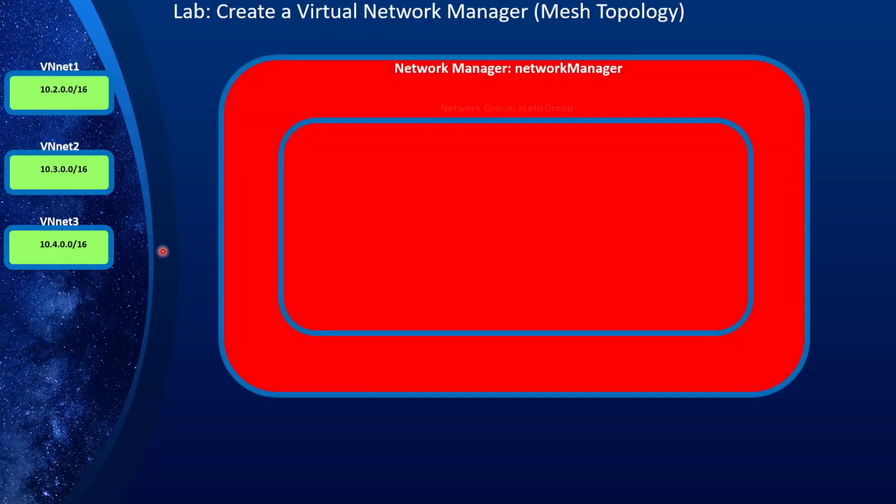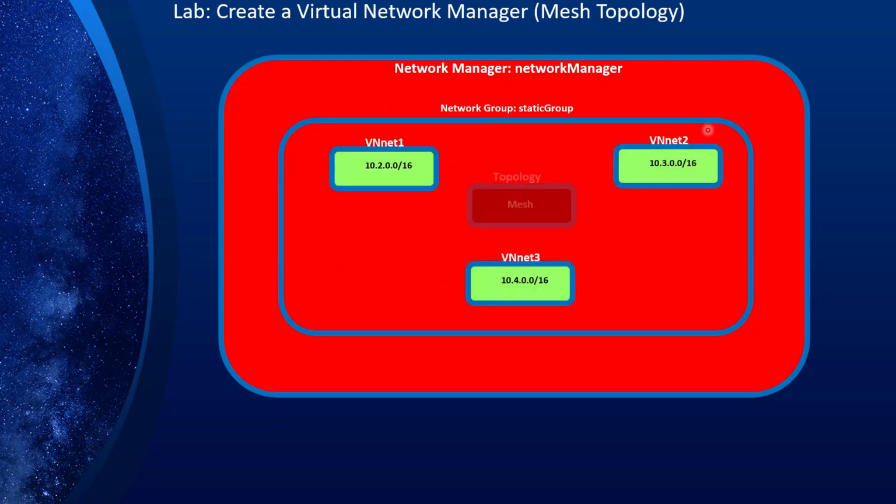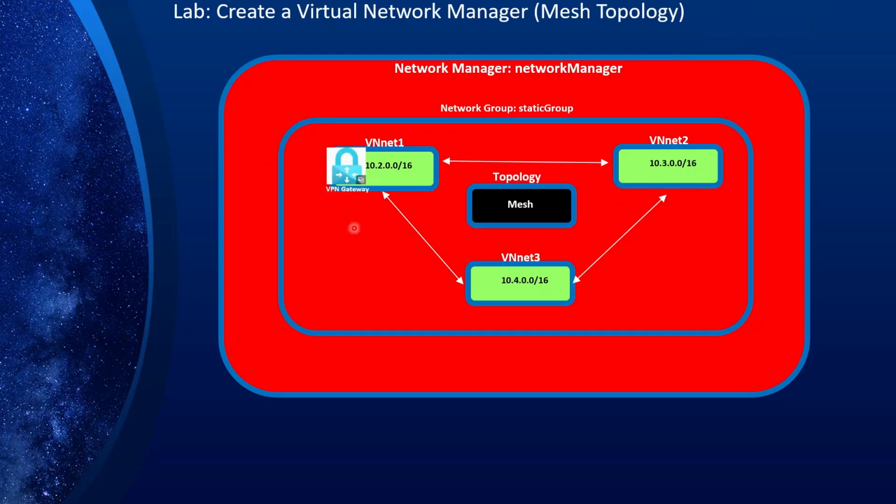And then we create a network manager and also create a network group. And then we set up mesh topology to connect all these 3 VNets. We'll also set up a VPN gateway on the first VNet, so that we are able to get into the VNet and do some testing.